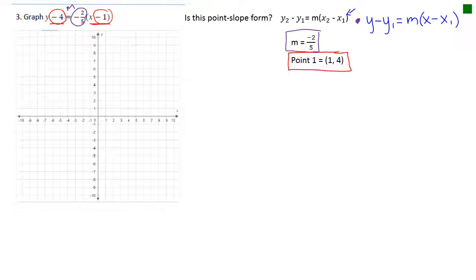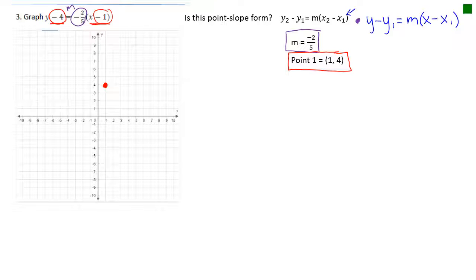Remember, we can't do anything with our slope until we have a point plotted. So let's first plot 1, 4. We go to the right one since it's positive, and up 4 since that one was positive as well.